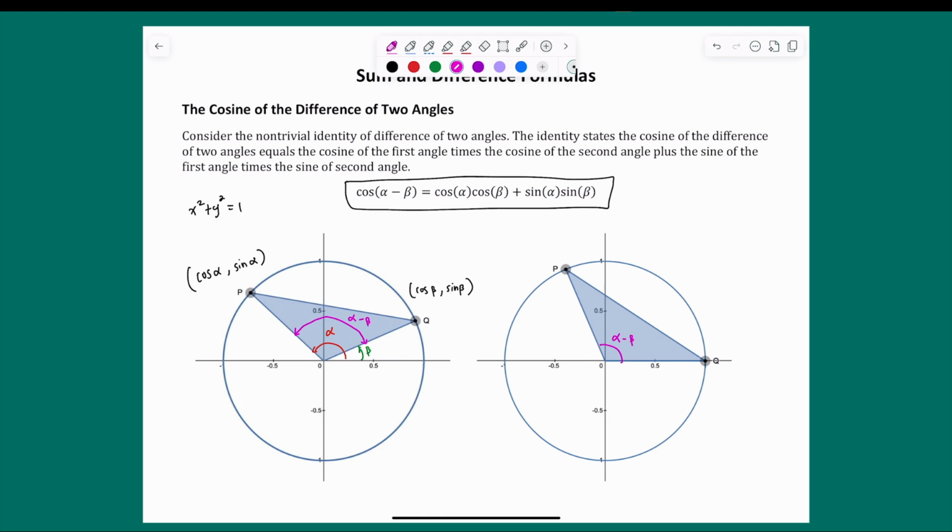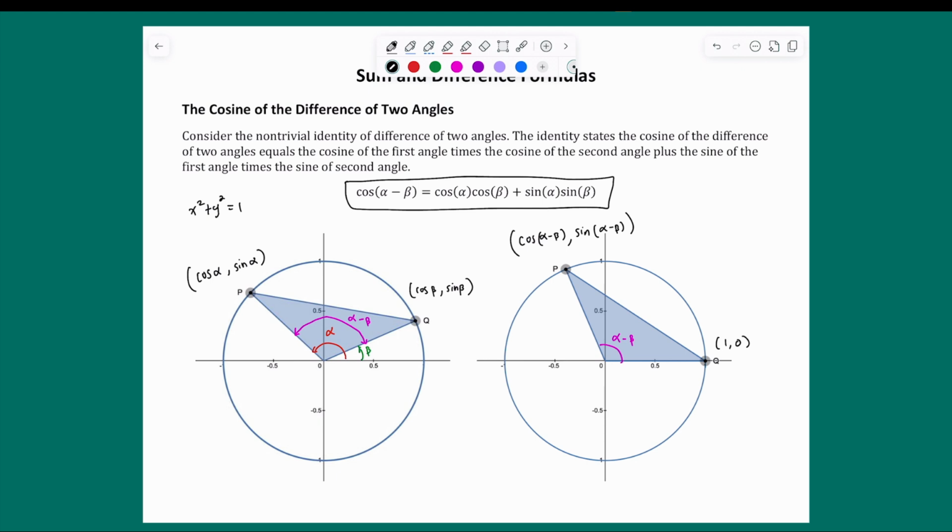Now this angle is in standard position, and we see that point P now would have x coordinate cosine of alpha minus beta, and the y coordinate would be sine of alpha minus beta. And then Q would have coordinates 1, 0.